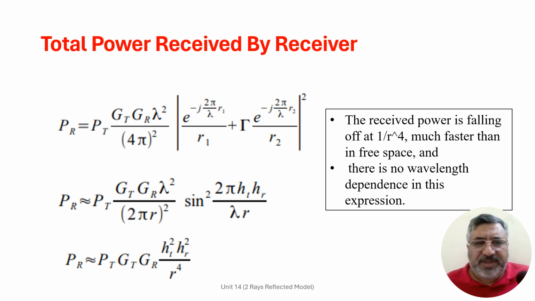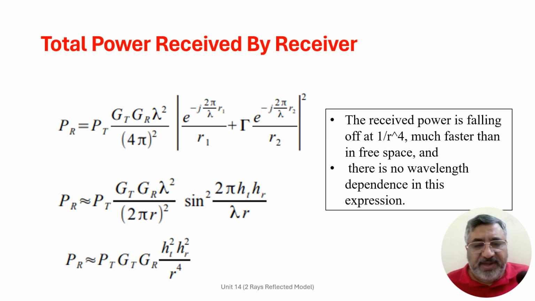The approximation sine x is equal to x is a very good approximation, and we can simplify it as PR is equal to PT GT GR HT square HR square divided by R power 4.